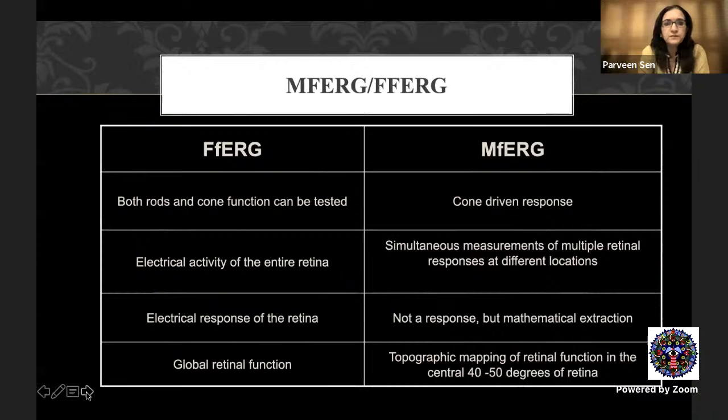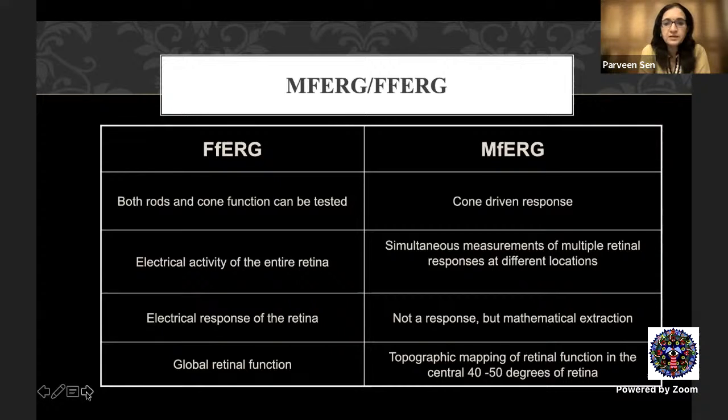So if you see the difference between full-field ERG and multifocal ERG, it is important to remember that full-field ERG is recorded both in the dark-adapted and the light-adapted conditions. So it gives you the function of both rods and cones, as compared to multifocal ERG, which is always recorded in the light-adapted condition. So it's largely a cone-driven response. Full field ERG gives the electrical activity of the entire retina, and multifocal ERG gives simultaneous measurements of small multiple retinal foci.